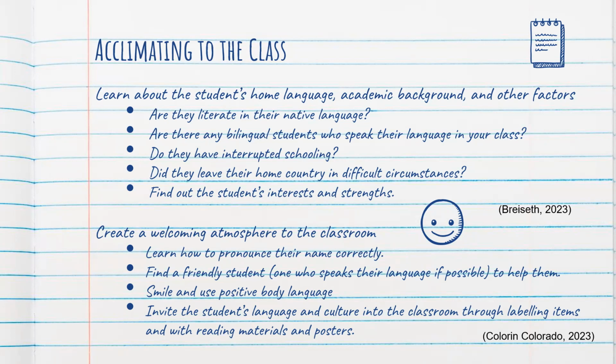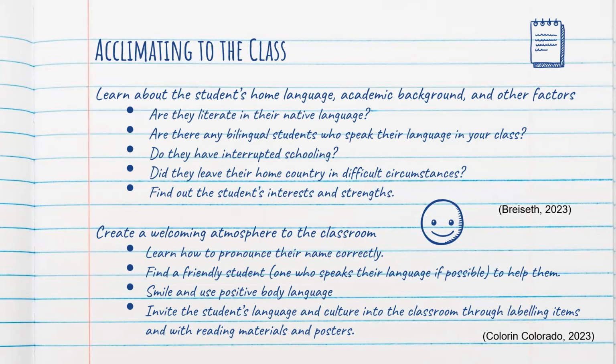And tying in with that, create a welcoming atmosphere in your classroom. So you will want to make sure that you learn how to pronounce the new student's name correctly. If you're not sure, ask them to pronounce it and repeat it for you, and make sure you are pronouncing their name correctly.